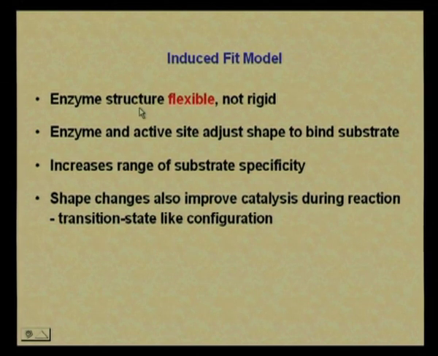The enzyme structure will remain as it is, but as soon as the substrate approaches it, it will modify itself so that it can bind the substrate. So, the shape changes to improve catalysis during the reaction, and it usually assumes a transition state like configuration.